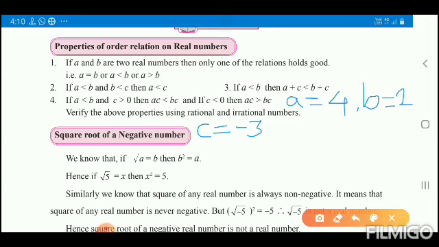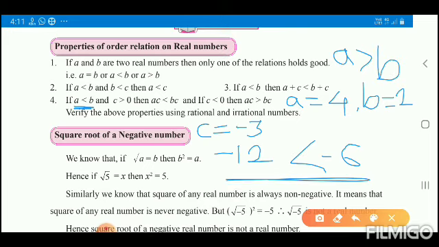Now look here. a into c, the answer came negative 12. And b into c is negative 6. Then which number is greater here? bc. Look, here we have to show ac is greater than bc. But keep in mind, the condition given is a is less than b, whereas whatever I had taken there, a is greater than b. Then this condition will occur.